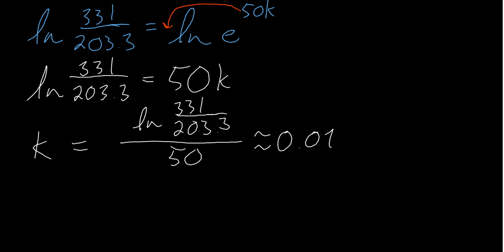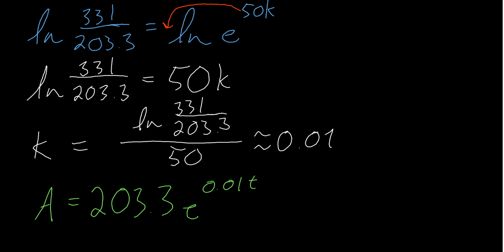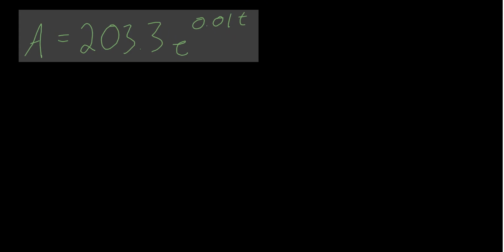So this tells me that my equation now is going to be A is equal to, again, the A naught is still going to be there, which is 203.3 times E, now to the KT power, which is 0.01 T. That is my equation I'm going to use to solve B. So let's go ahead and snip this, put us on a new page, as well as re-snip the problem so we know exactly what we're using this equation for.